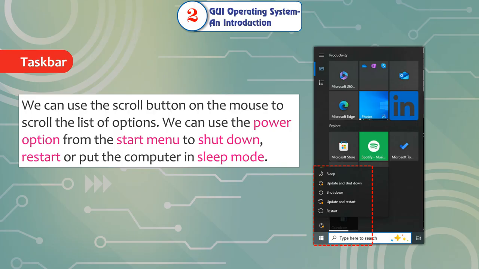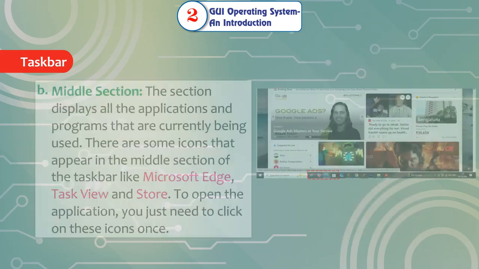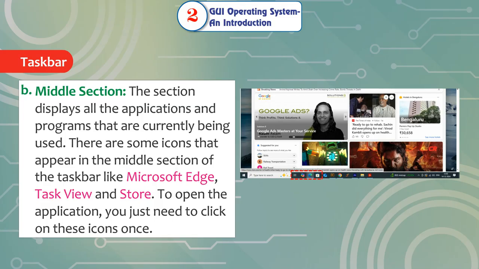We can use the power option from the Start menu to shut down, restart, or put the computer in sleep mode. Middle section. The section displays all the applications and programs that are currently being used. There are some icons that appear in the middle section of the taskbar, like Microsoft Edge, Task View, and Store.